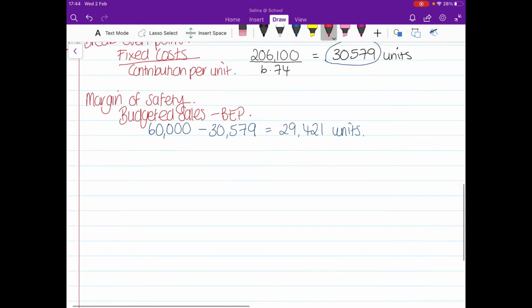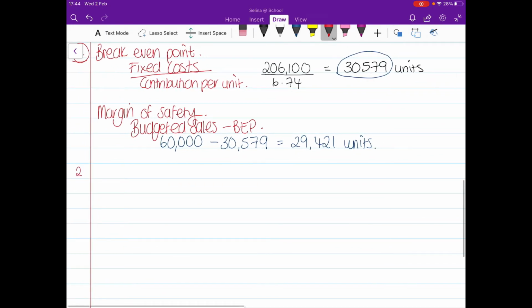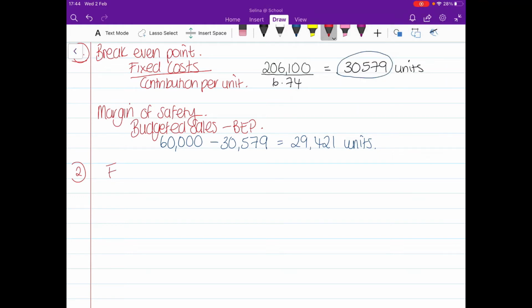So to do this one, it's your fixed cost plus your target profit. You can only do this if nothing changes, only your profit. Okay, so fixed cost plus your target profit divided by your contribution per unit. Okay, that's what you're going to use.